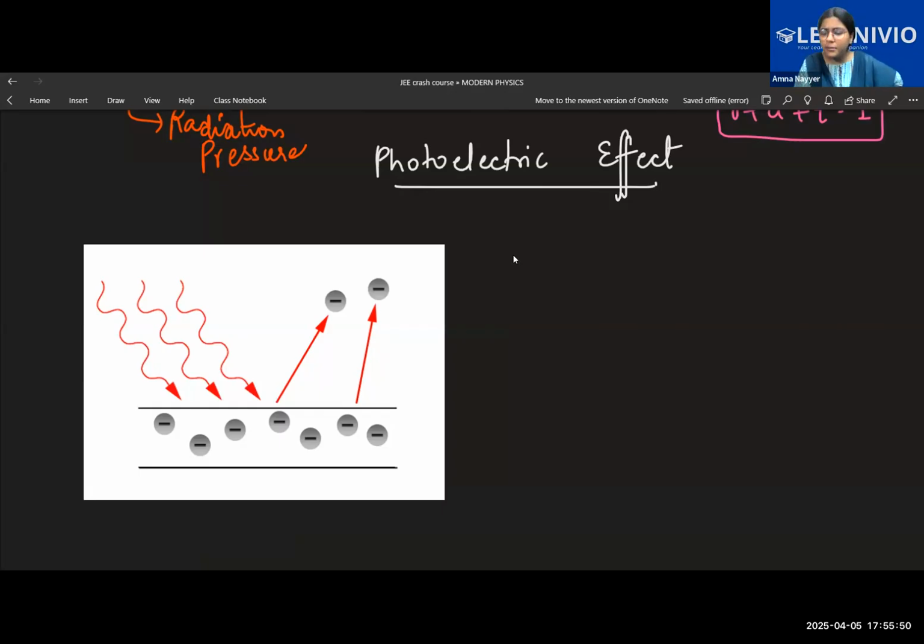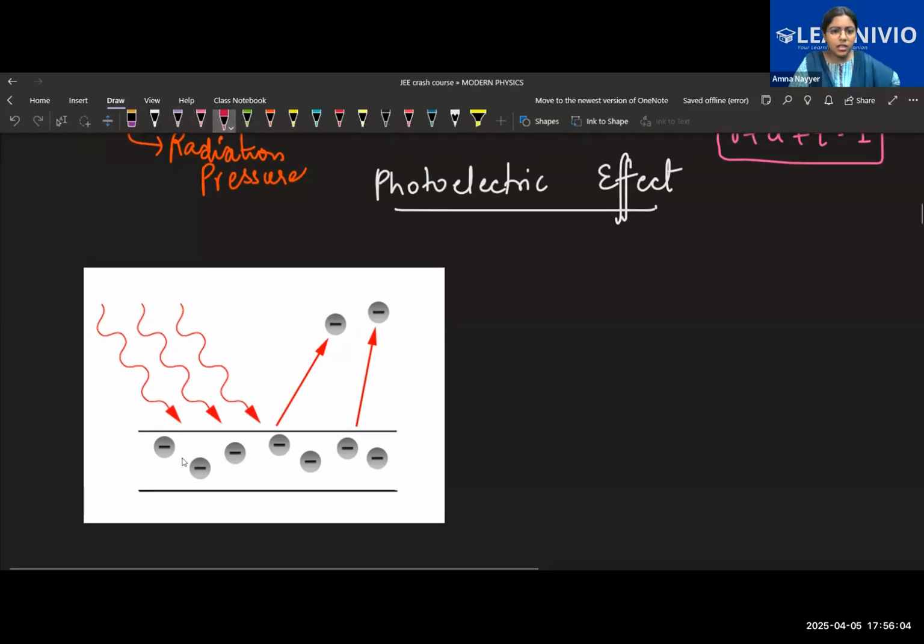You have thermionic emission, when heat of sufficient wavelength falls on it, then electrons are ejected. You have a process, secondary emission. Like if this electron is moving, this collides with this, and suppose this gets ejected. This is called secondary emission.